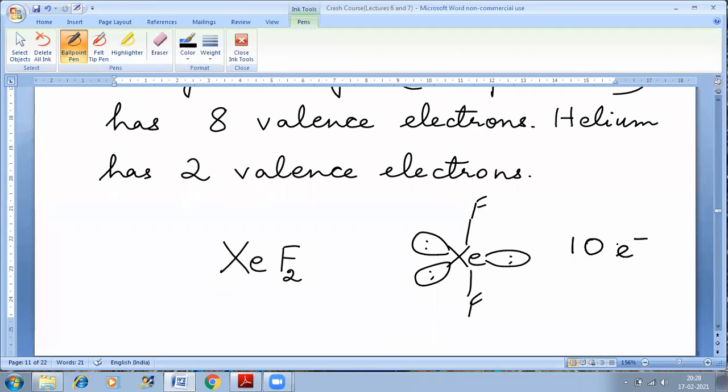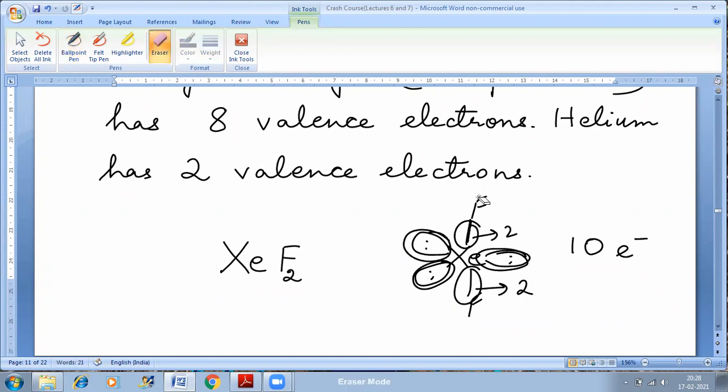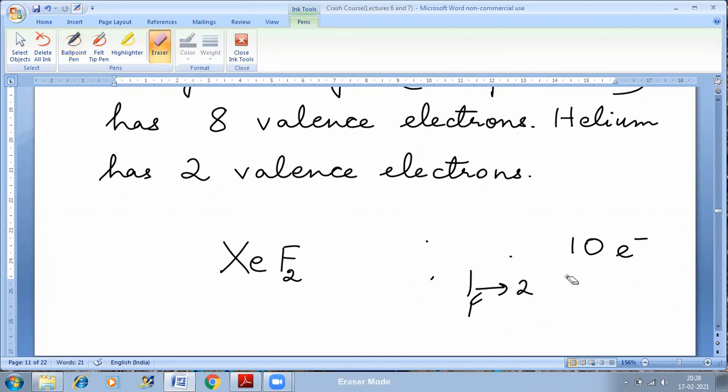How 10? This bond also means 2 electrons. This is 2, this is 2, this is 2. So 10. Correct? Yes. That's fine, because xenon has d orbitals also, so it can expand its octet.